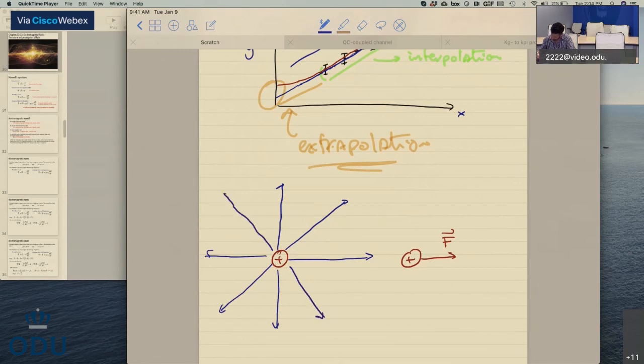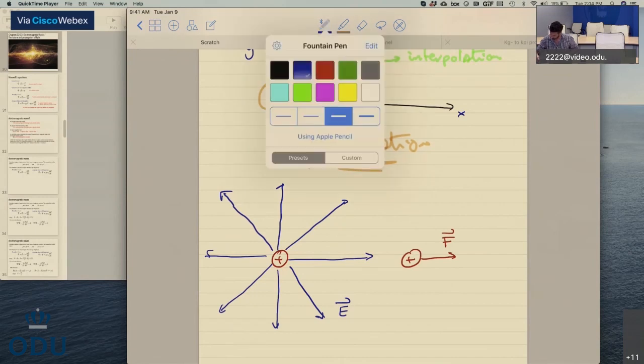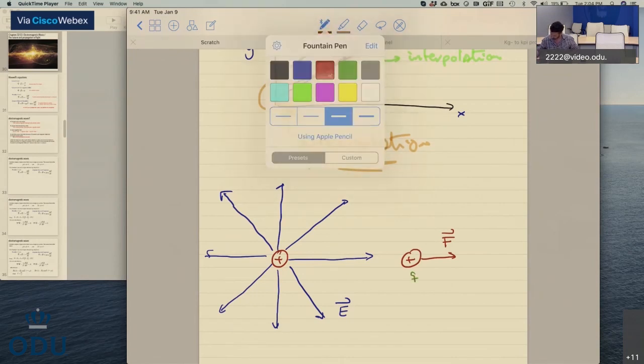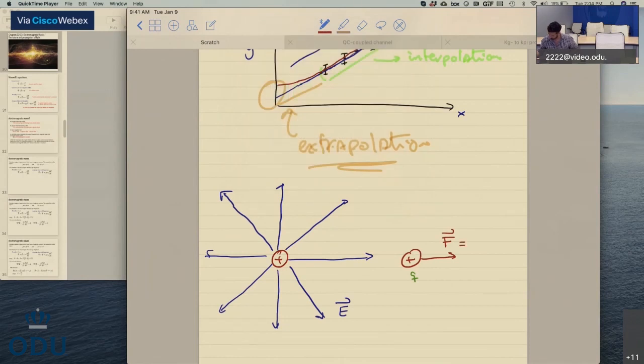And I'm not going to get into why it has to be this way. But so this is an electric field. This is what E is, okay? And if I put this charge, let me call this one to have a charge Q, you can define the field such that the force that this charge experiences is equal to its charge times the electric field.